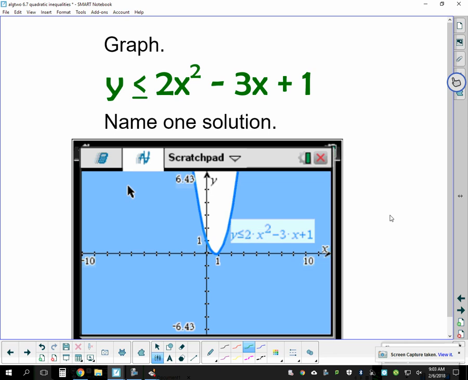So I would still want to see your sketch of your parabola. Still looking to make sure you have the right type of line and your shading is in the right place. But then in addition to that, they've asked you to name one solution.